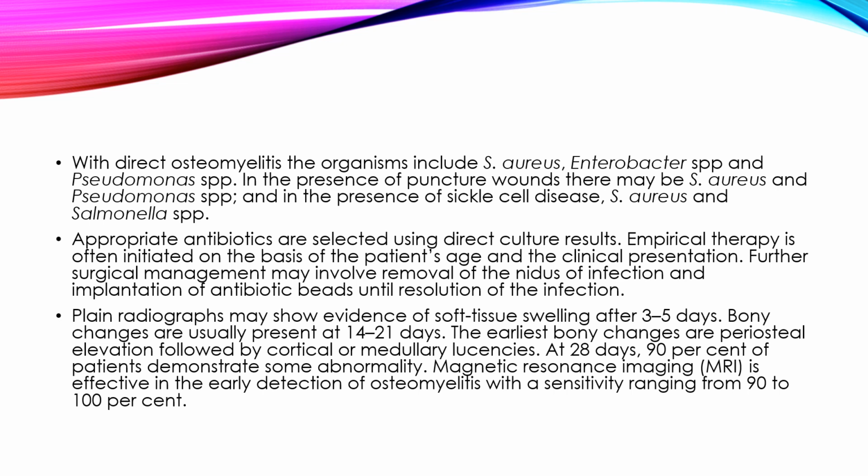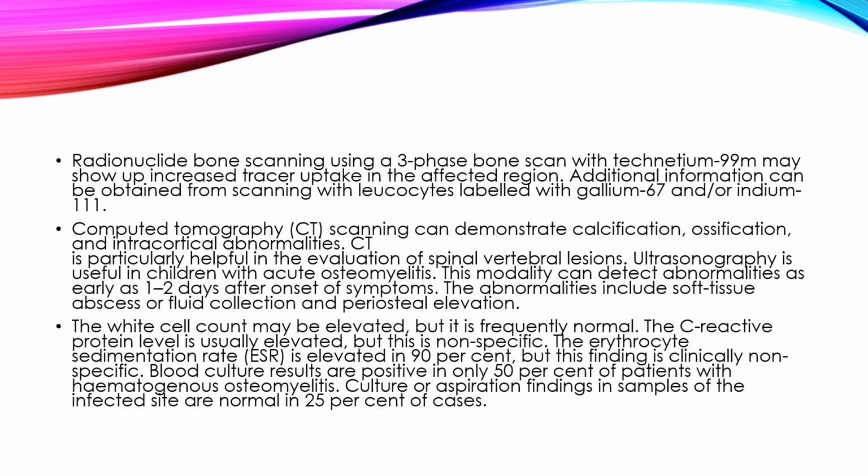MRI is effective in the early detection of osteomyelitis with a sensitivity ranging from 90 to 100%. Radionuclide bone scanning using a three-phase bone scan with technetium 99m may show an increased tracer uptake in the affected region.